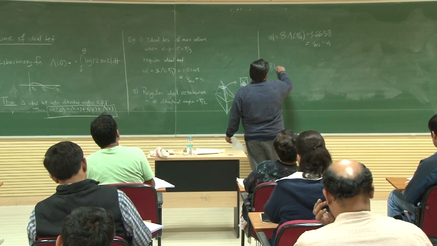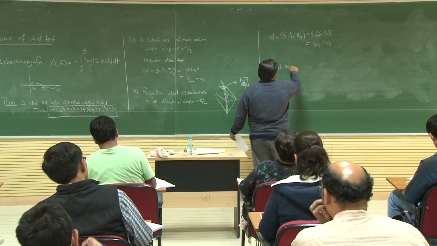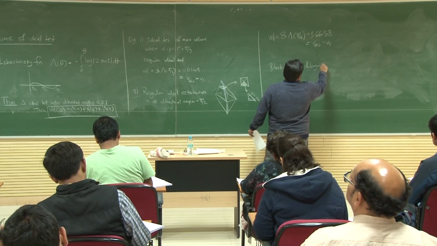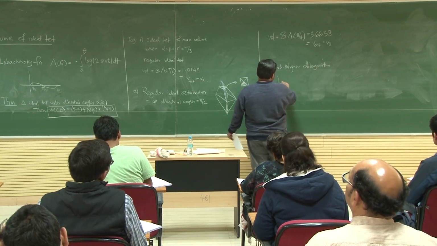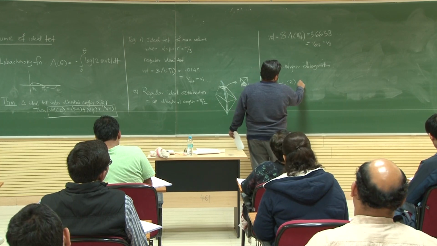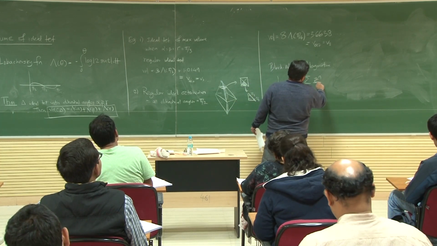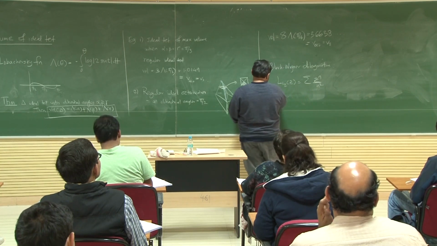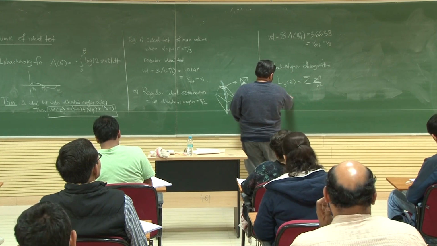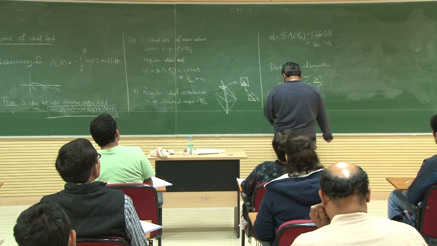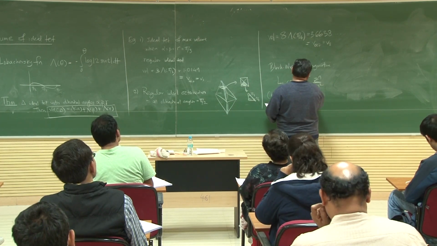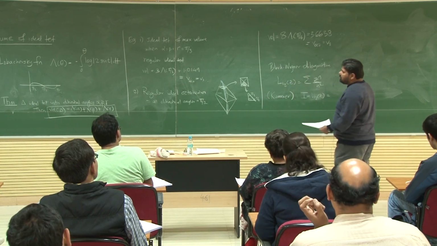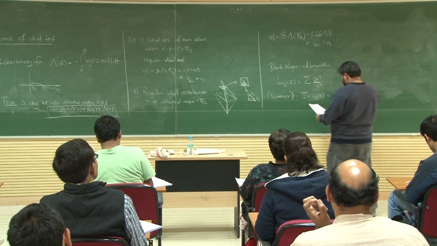This is called the Bloch-Wigner dilogarithm. If you have the classical dilogarithm given by this series, then, I do not know what date, but long back, Kummer realized a connection between the dilogarithm and the Lobachevsky function.